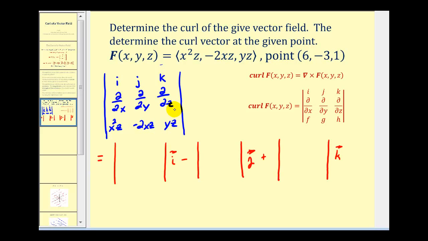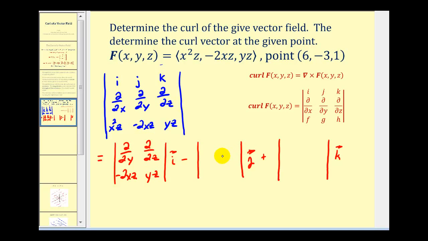To evaluate this, we'll use the cofactor expansion method. For this first 2x2 determinant, we eliminate row 1 and column 1. So we'll have our partial derivative operators here, and then negative 2xz and yz.